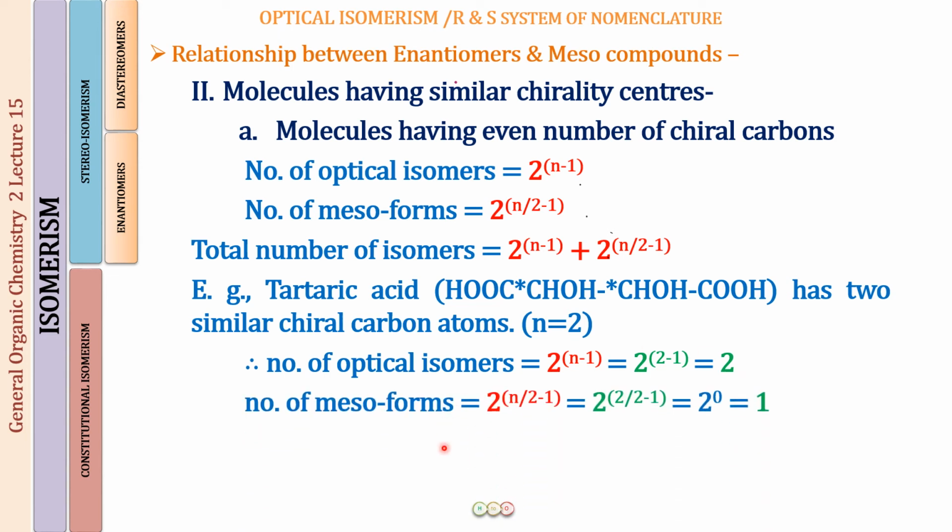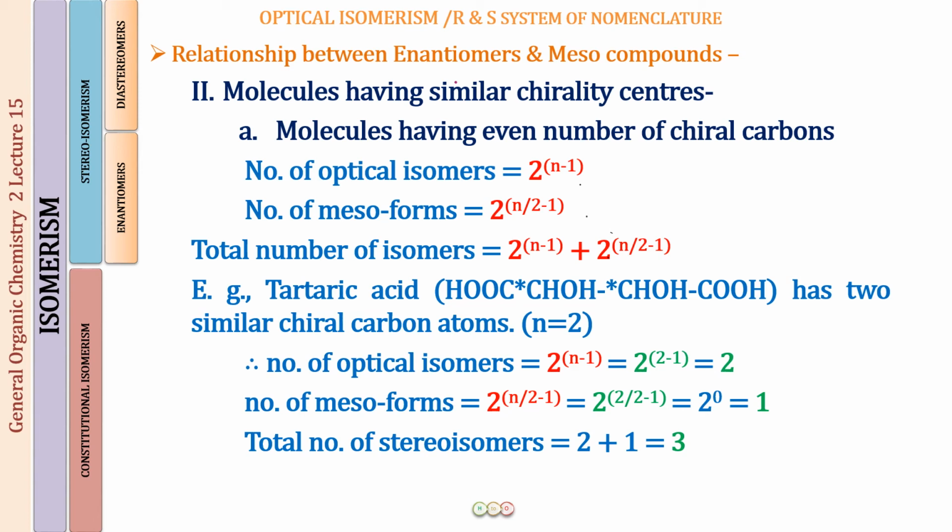The number of mesoforms is 2 to the power n by 2 minus 1. So n is 2. So 2 by 2, that will be 1. 1 minus 1 will be 0. So 2 to the power 0. So the number of mesoforms is going to be 1. And the total number of stereoisomers is going to be 2 plus 1. That is 3.